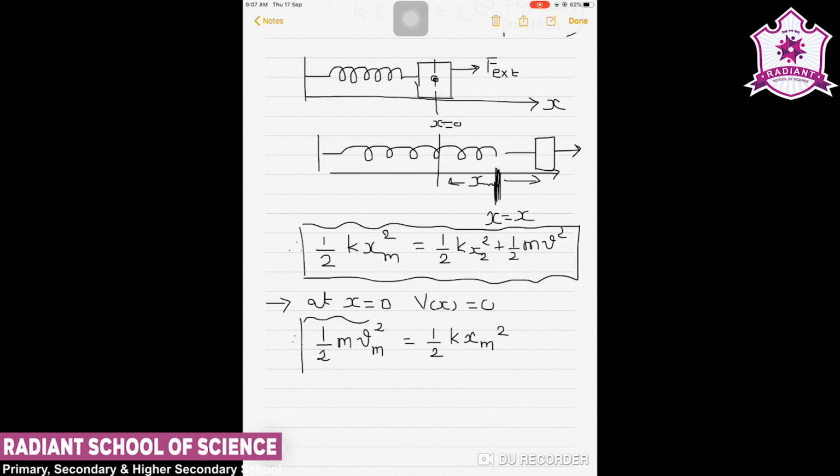So at x equals 0, potential energy will be 0, and therefore all the energy will be converted into kinetic energy.